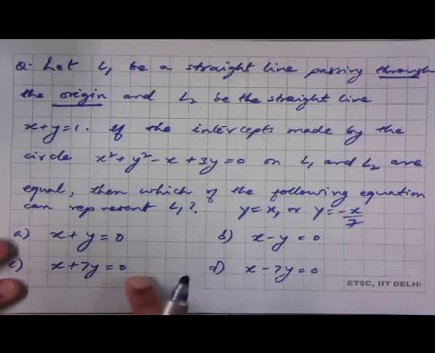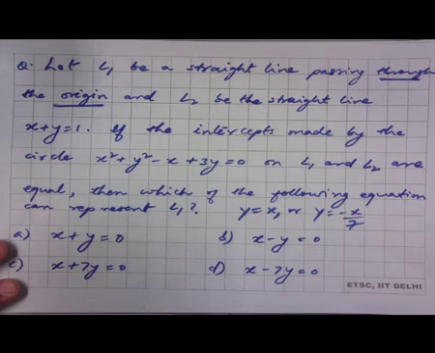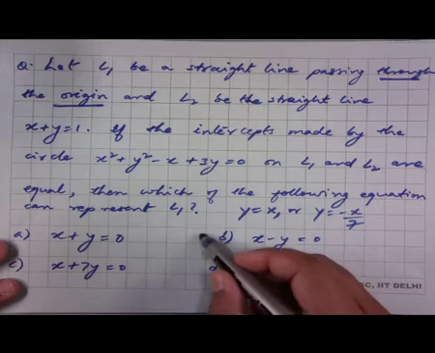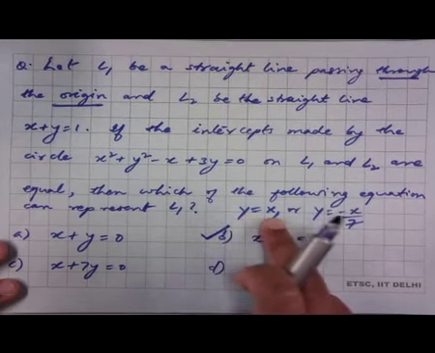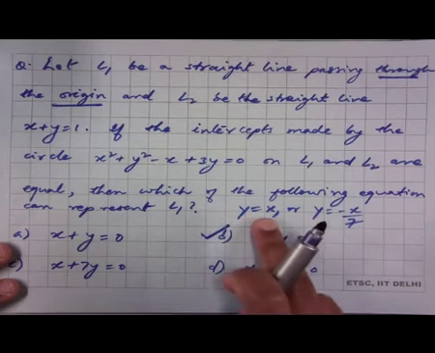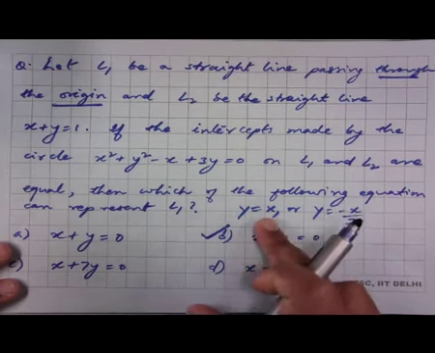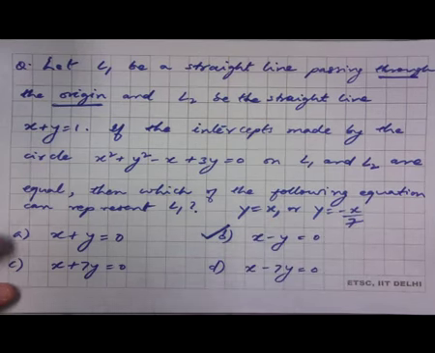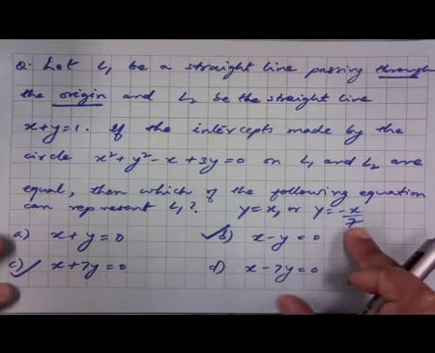So, if we see from all possible choices, then we see that choice B corresponds to the straight line y equal to x, which is one of the possibilities that we found, and also choice C corresponds to the other possibility that we found.